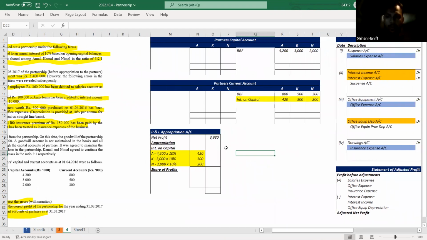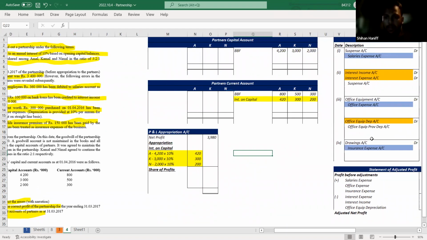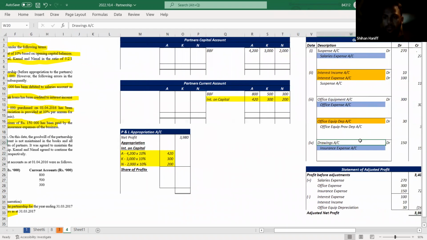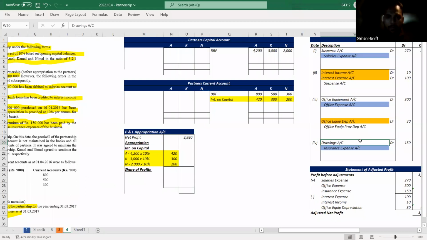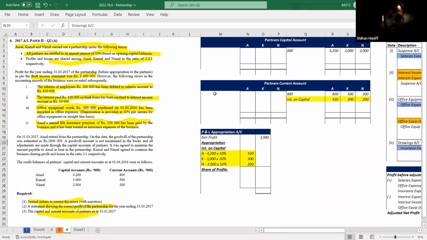And there was one more transaction which comes from here, drawings 150, which is Amal's life insurance. So before I forget it, I'm writing here.